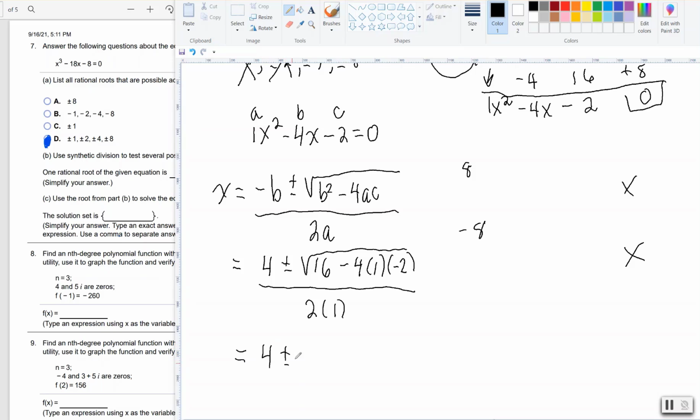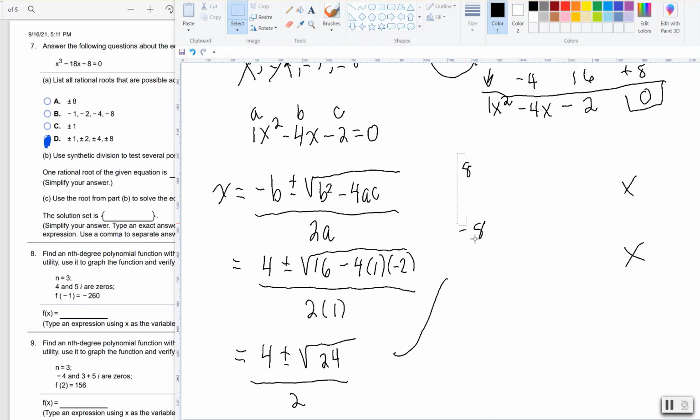So inside the radical, be very careful. This is a minus 4 and a minus 2. That's going to make a plus. So that's going to be 16 plus 8 is 24. And all of this is over 2. Now this is not considered reduced because within the root 24 there is a perfect square.